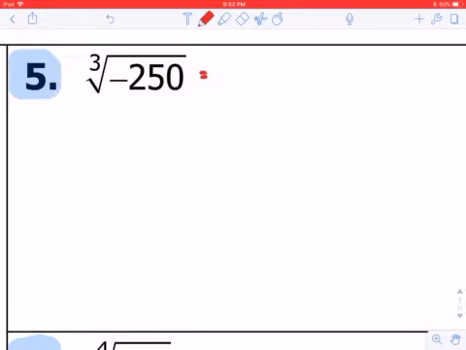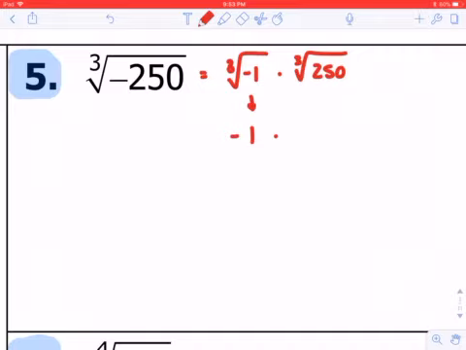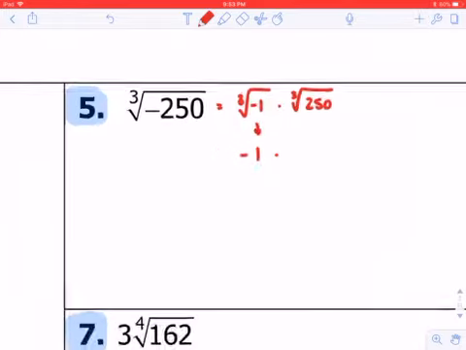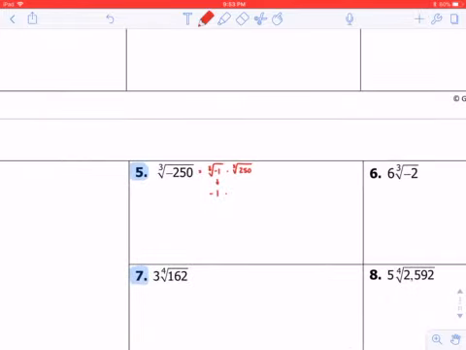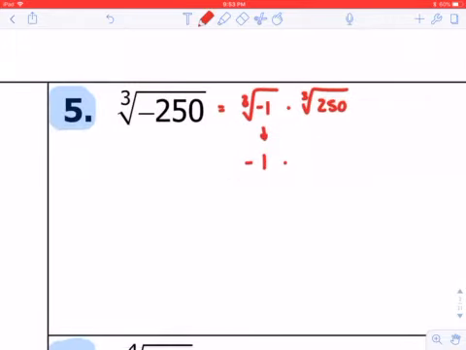Okay, so I have my cube root of negative 250. Here's the way I like to simplify this. First off, I'm going to break this up into negative 1 and 250, because I know the cube root of negative 1 is negative 1. So I already have that negative taken care of. Now, for my 250, I need to find a number to break this down, but the key is that because it's now a cube root, I don't want to find a number that multiplies twice.